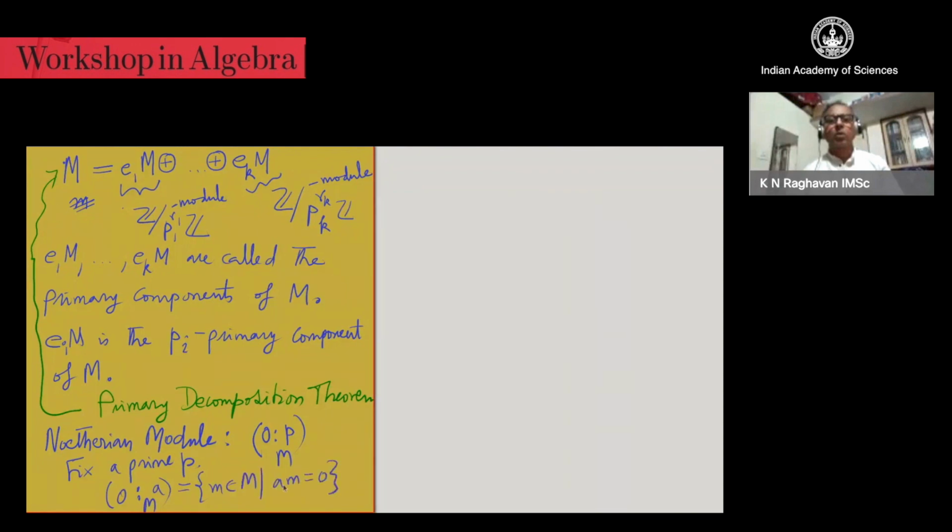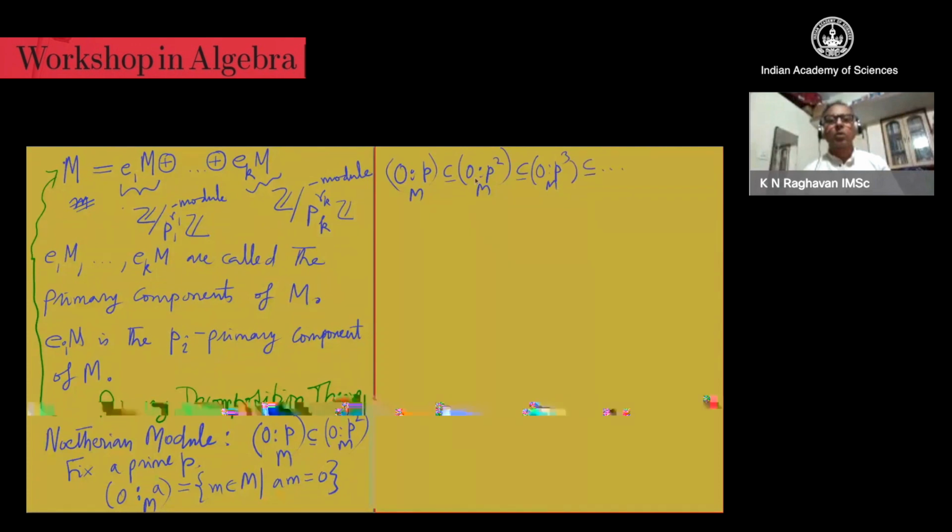This is a submodule, those elements killed by A. That's obvious, because if P kills something, then P squared definitely kills it. And then 0 colon P cubed, and so on. So this stabilizes by the Noetherian condition.